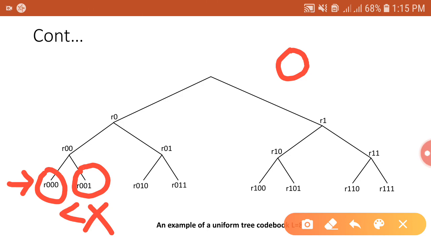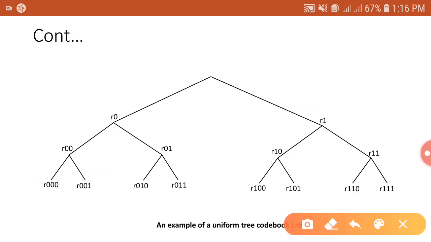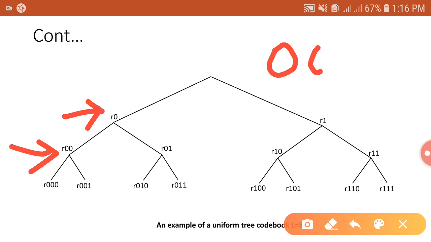Then instead of 0, 1 will be sent as a part of the code word. So for the first level, the code word was 0. For the second level, the code word was 0, and for the last level, the code word is 1, so the code word is 001. Using this code word, the decoder will generate the reconstructed vector.